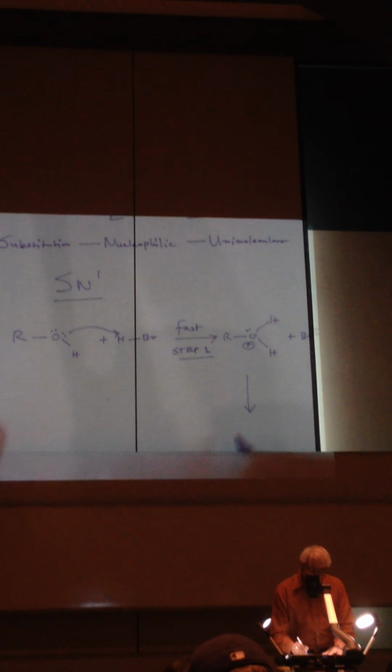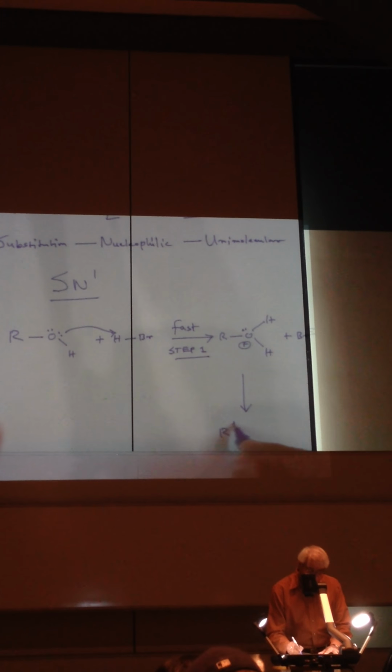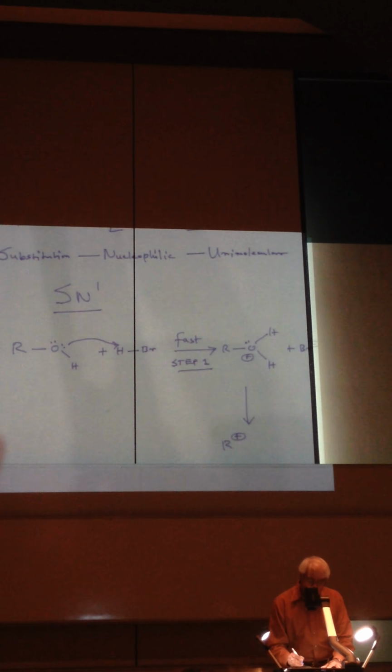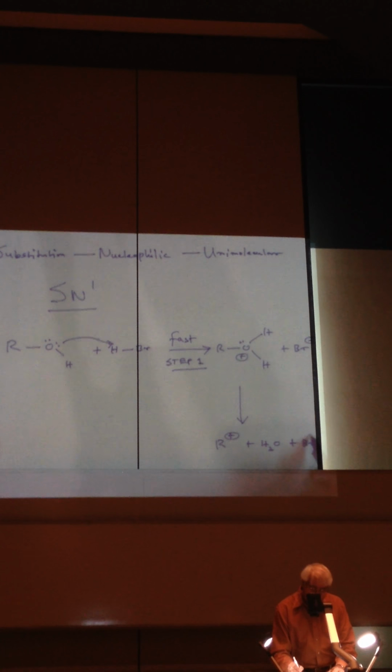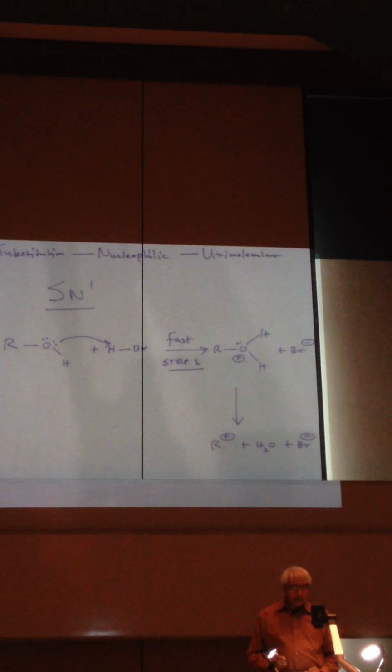So this is a very slow step where R dissociates with a positive charge and a molecule of water comes out and the Br minus remains. This is a slow step.